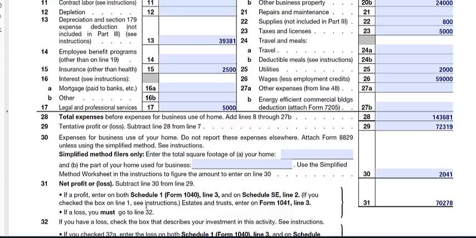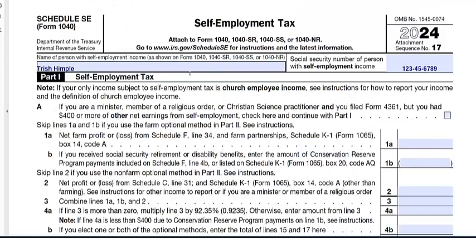Now, we were told not to complete Schedule 1, so we will not be moving anything to Schedule 1, but we are going to complete the Schedule SE. We'll take our profit over to line 2 of the SE.